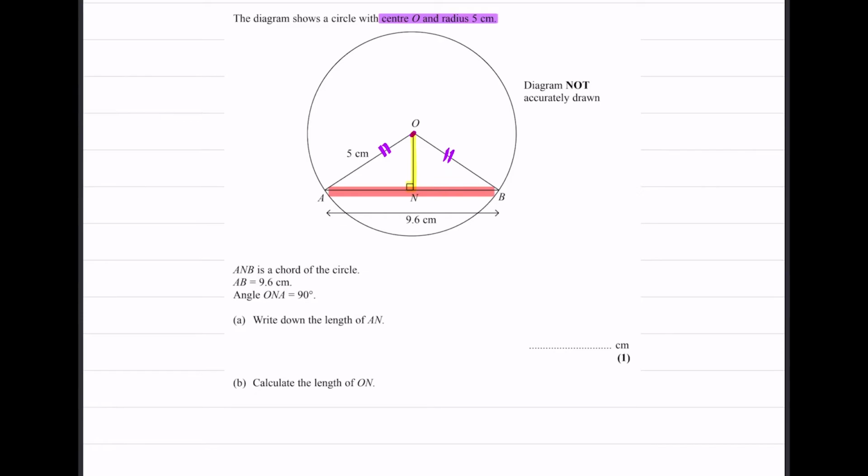So that means that this chord is bisected, cut in half, because a line drawn from the center perpendicular to a chord bisects the chord. So line AB is bisected, cut directly in half at point N. So that means that AN is equal to NB.